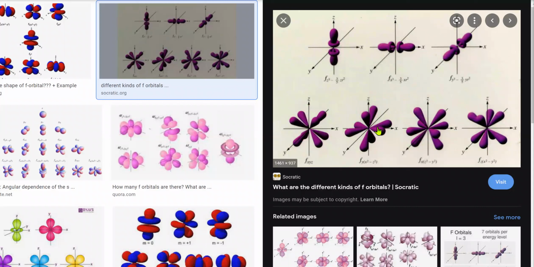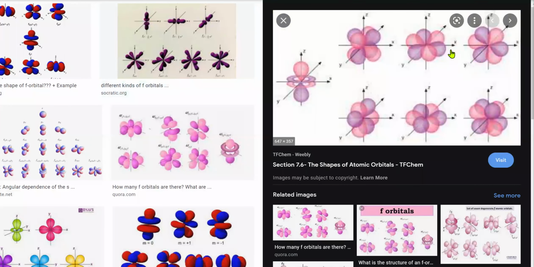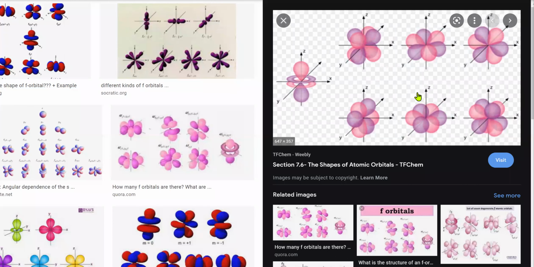Forget the first 3. There are 7 different types of f orbitals. But anyways, the shapes of the f orbitals are not required. Here's another example of the regions around the nucleus where the electron could exist if an electron is residing in an f orbital. So 7 different types of f orbitals, that's it.